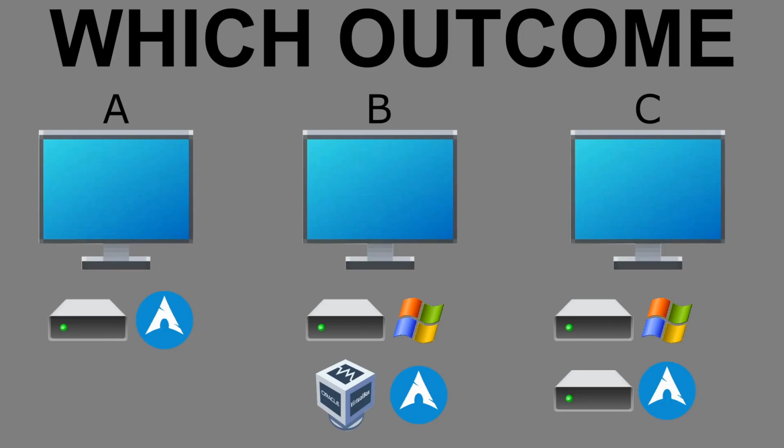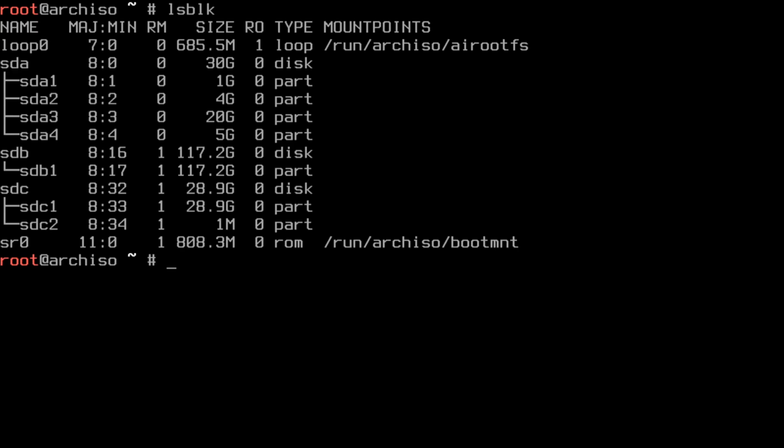In my case, I managed to identify the disk I'll be working with. It's SDA. For your case, figure out which is the disk. And for me, it's SDA. So the full name will be /dev/SDA. Every time I tell you to use the name of the disk, it's this /dev/SDA for me.